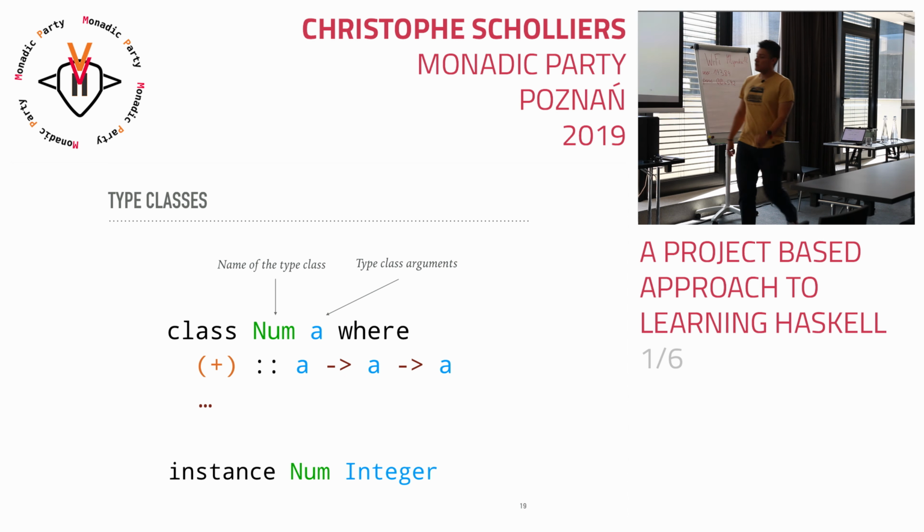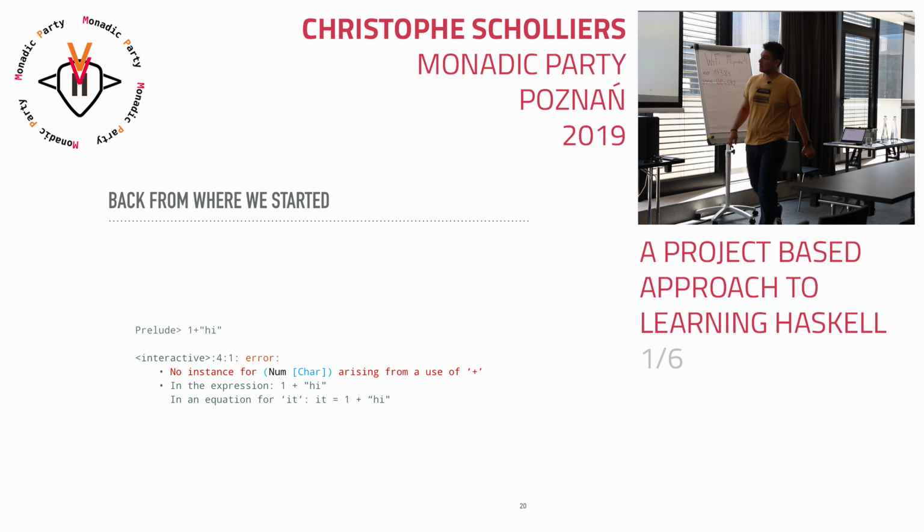There is something very important here to see. Yeah, the left side and the right side of the plus operator need to be the same type. Yeah, and so it probably checked first, well, can I do something with this 1? It failed. Then it went on to the right side. Can I do something with the array of characters? And then it saw, well, there is no instance for Num Char. So that's why it's not working.